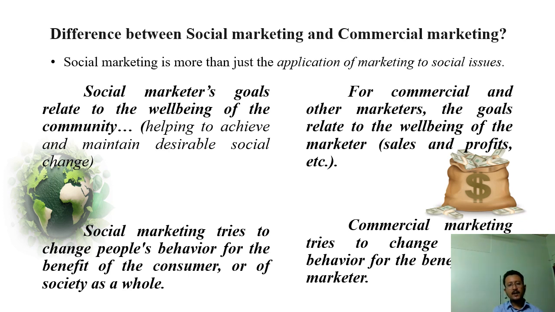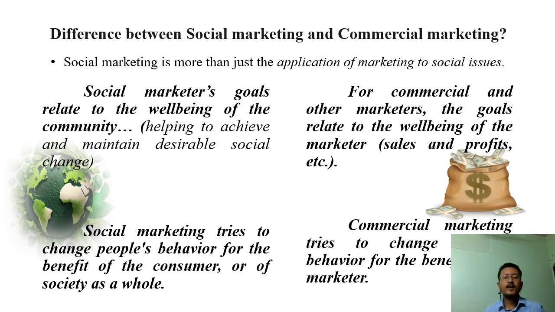Now, like I've already said in the previous definition, social marketing is about behavior change. Social marketing attempts to target or change the behavior of people or an individual. Commercial marketing, on the other hand, nowadays, since the marketing arena has become so competitive, even commercial marketers now try to influence the behavior of people.